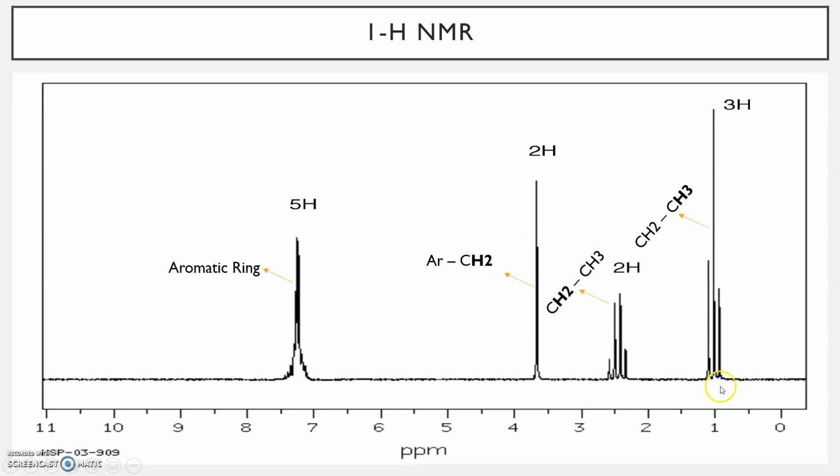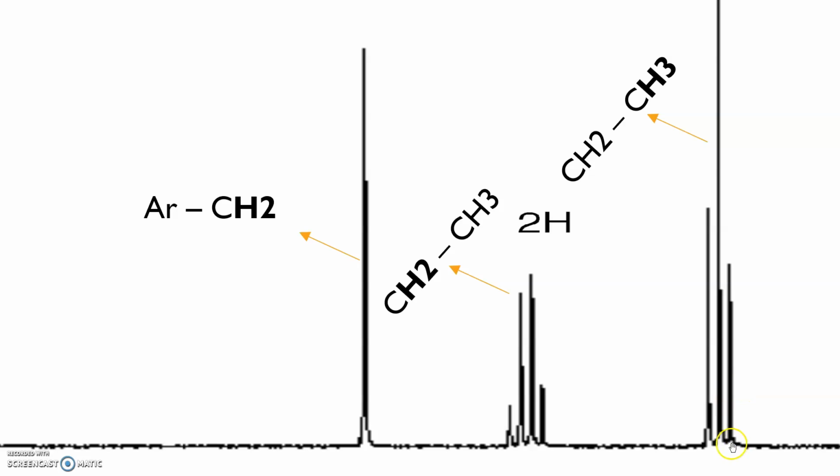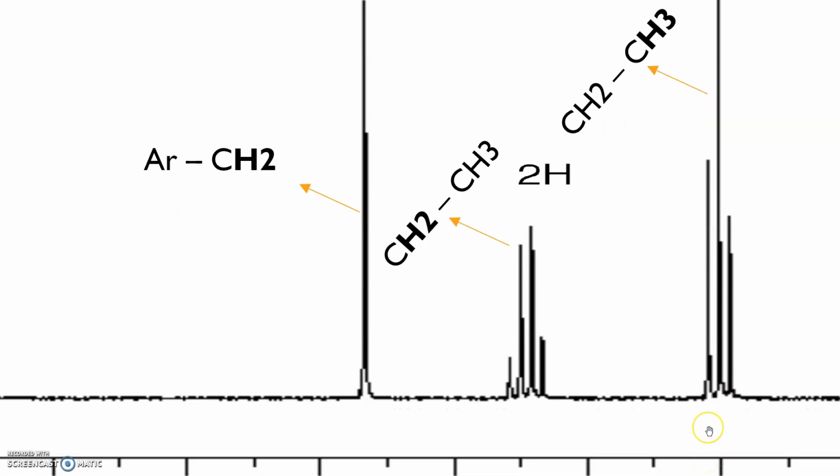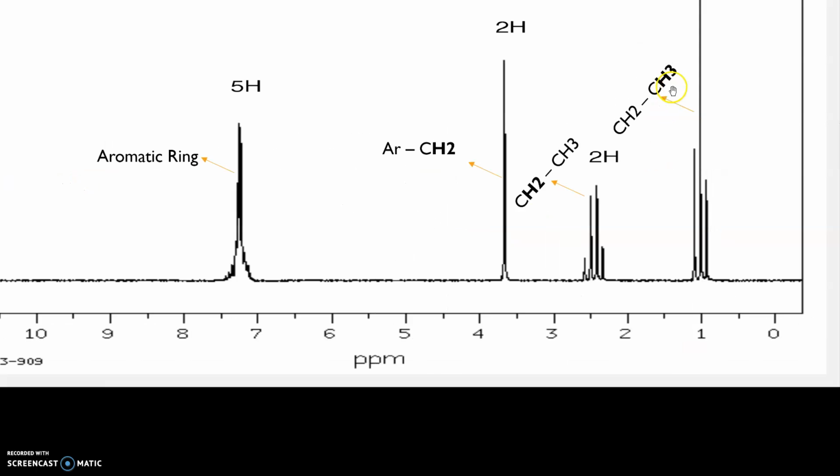We also see, we'll start down here with the 3H, which again, is 3 hydrogens integrated into this peak. If we go further in, we see that there's 1, 2, 3 peaks, which means the n+1 rule. So there has to be 2 neighbors plus 1, which would create this triplet, and so it's next to a CH2.